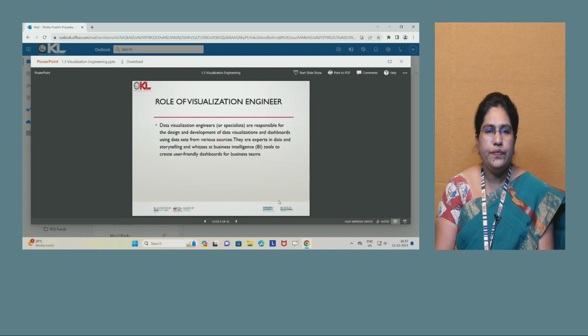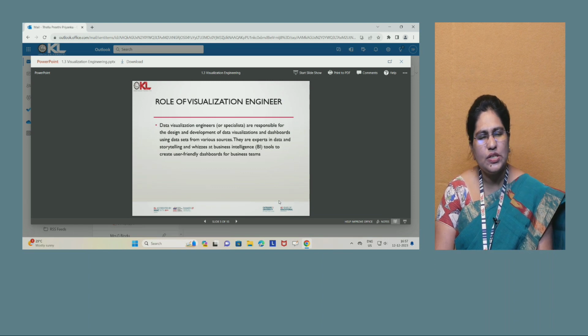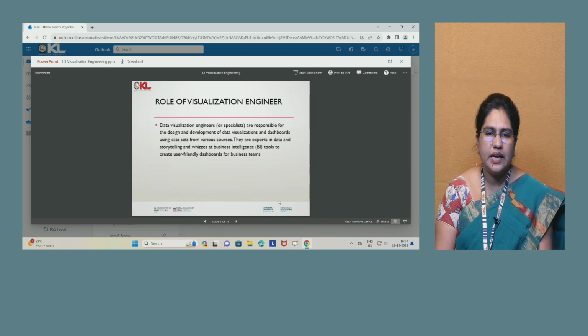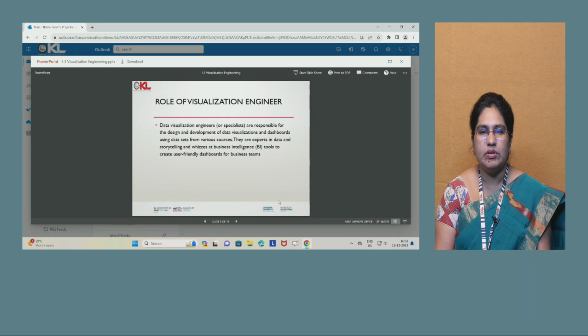So what are the roles of a visualization engineer? A data visualization engineer, specialist or professional is responsible for designing and developing data visualizations and dashboards using data sets from various sources for various purposes.